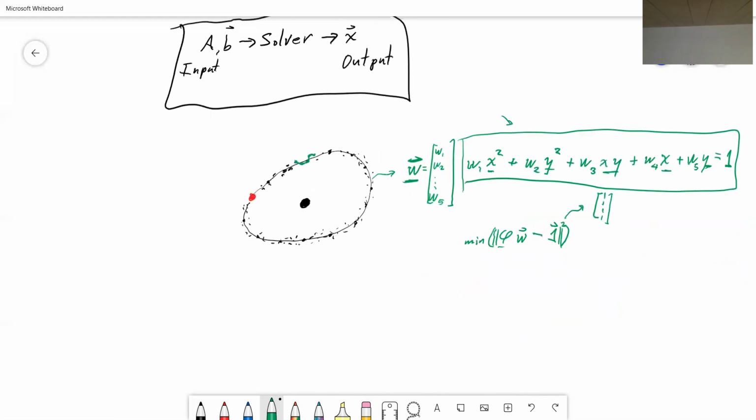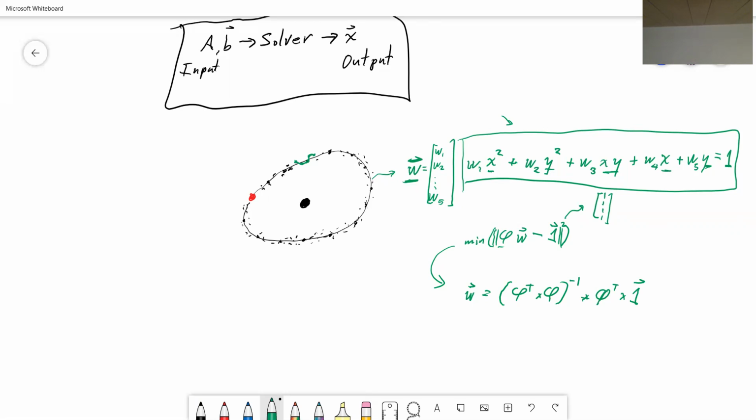In your PDFs, you will find an expression of the type, let me check my notes because I don't want to give you false information. The solution of this problem is W optimal equals V transpose times V, all this inverse, times V transpose times the vector of ones.